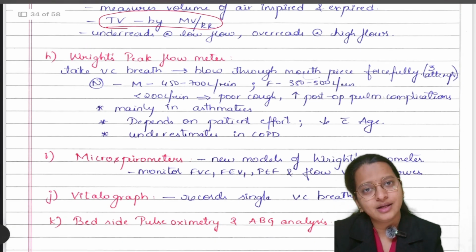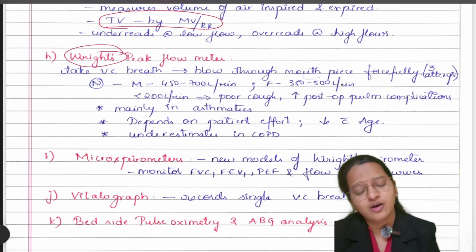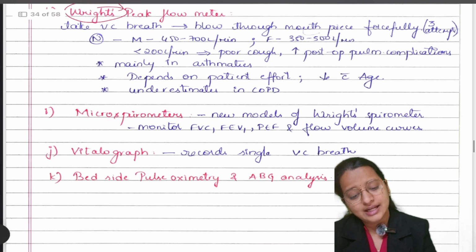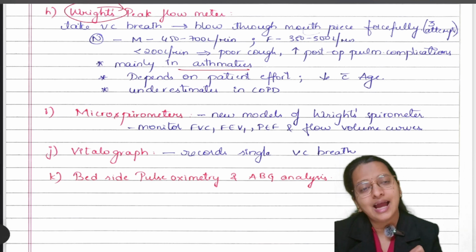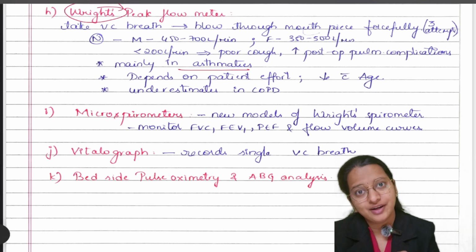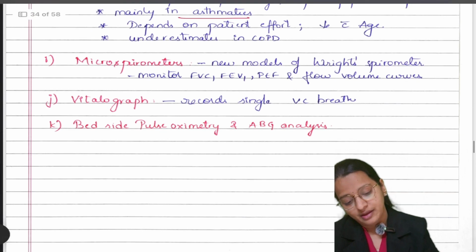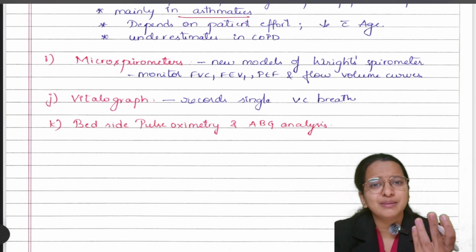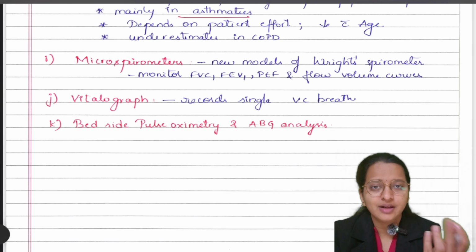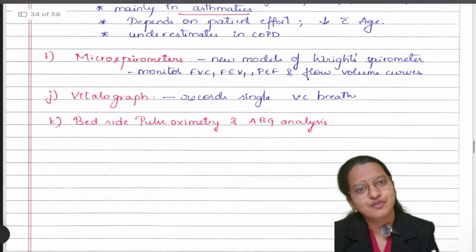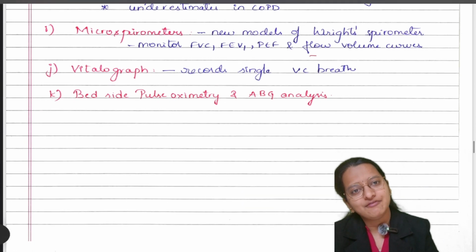Peak flow meter measures peak flow of the person, and it is mainly used in asthmatics and depends on patient effort and also age. Microspirometers are newer models of the spirometer, and we can measure volumes, flow-volume curves, FVC, FEV1 and peak expiratory flow rate that we have already seen before.